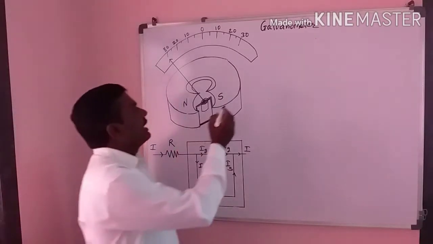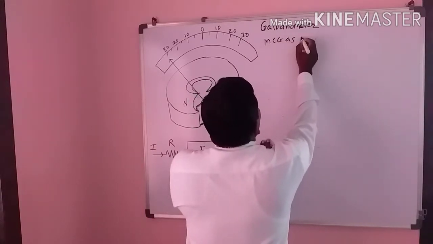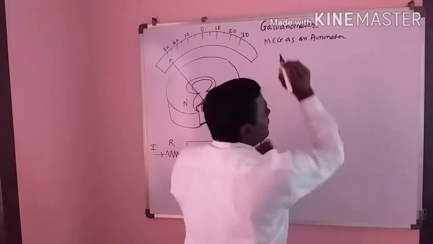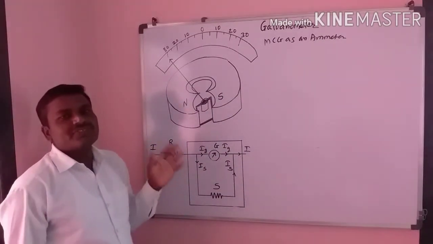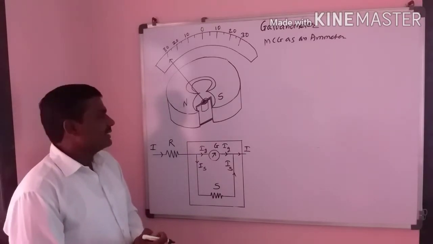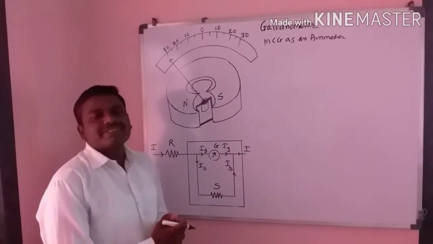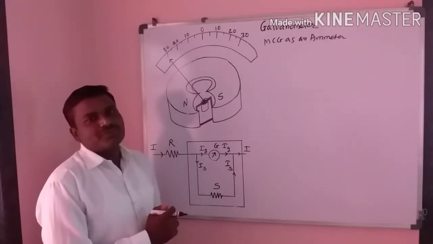When we use the moving coil galvanometer as an ammeter, some modifications are necessary. Its current capacity must be increased as compared to the desired value.